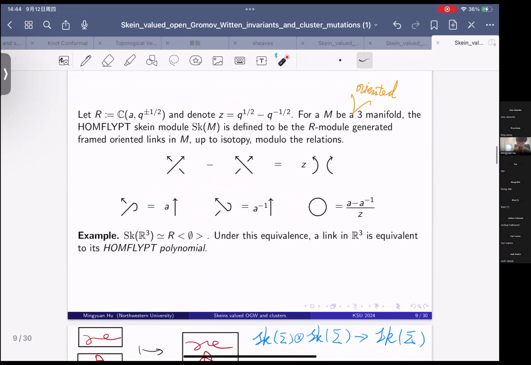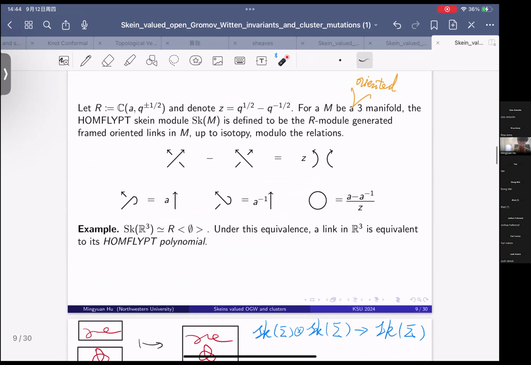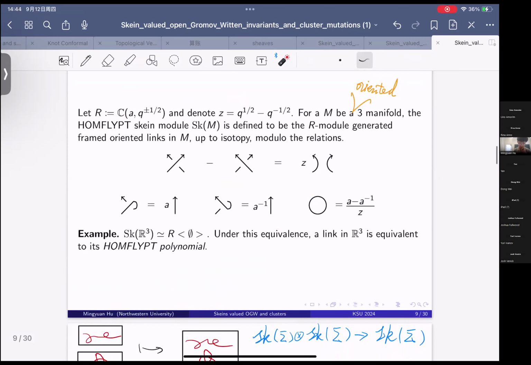To model this three relation, one example is that for R3 this skein module is trivial. If we have a link L here, by this skein relation we can resolve all the crossings.